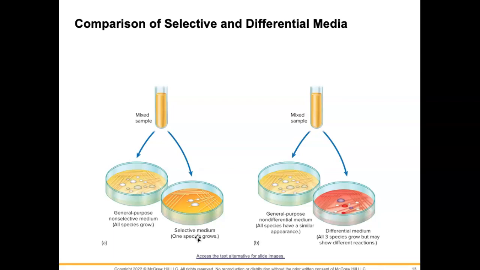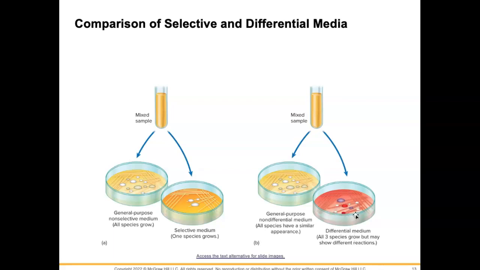But on selective media, it's going to suppress all that normal flora, all the stuff that we don't care about, all the stuff that's not causing the infection. It's only going to allow, in most cases, the bad stuff, the pathogen. Okay. Differential medium, on the other hand, will allow for many of these organisms to grow, but it will change color.